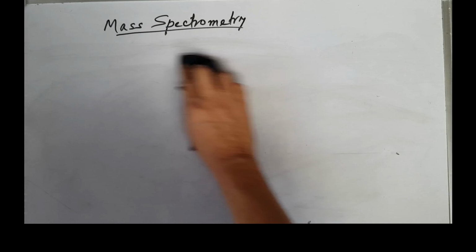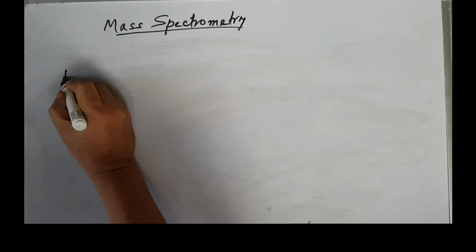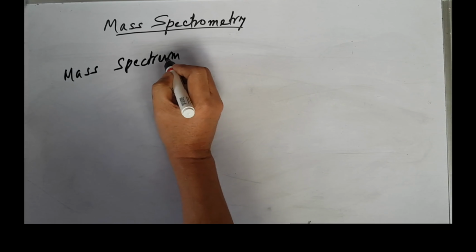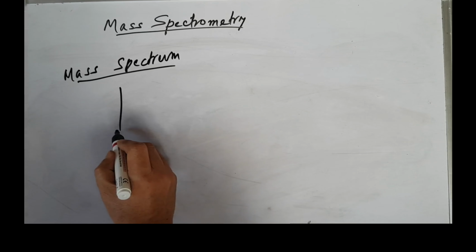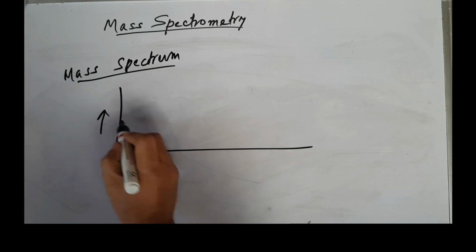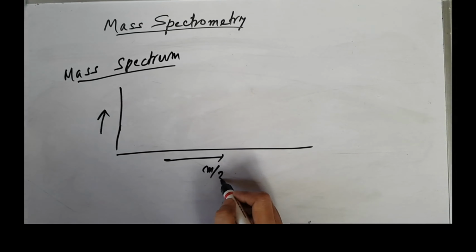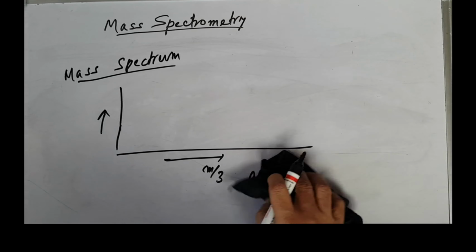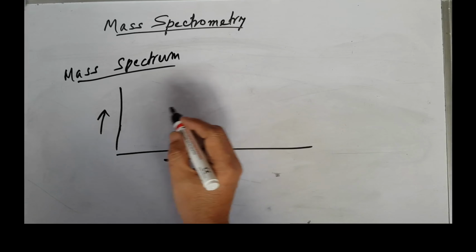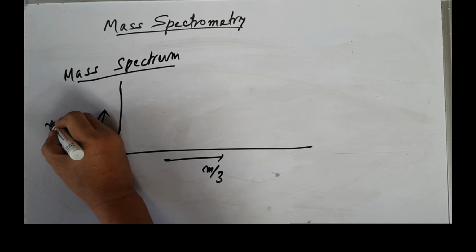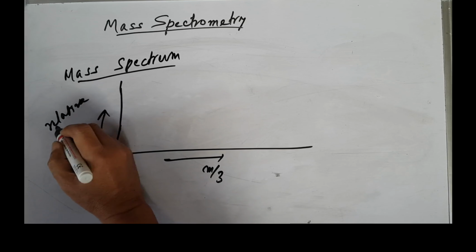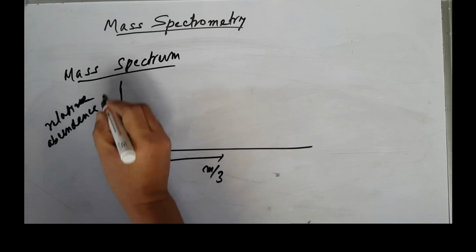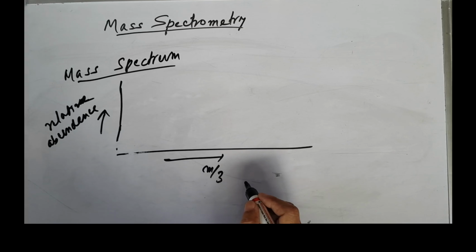The m/z values are plotted along the abscissa, and the relative abundance is along the ordinate.